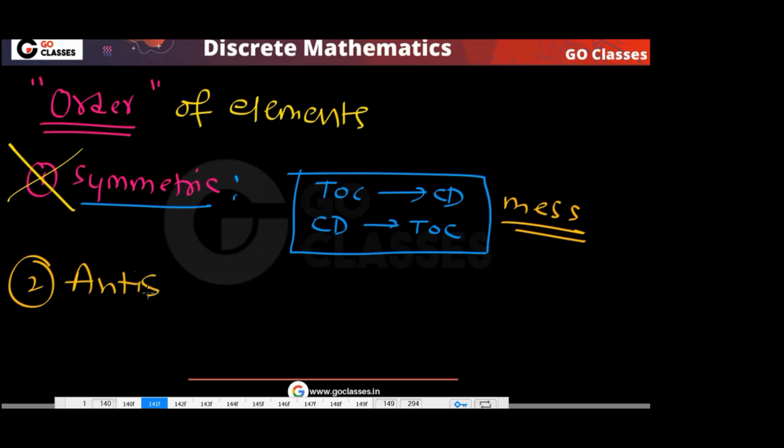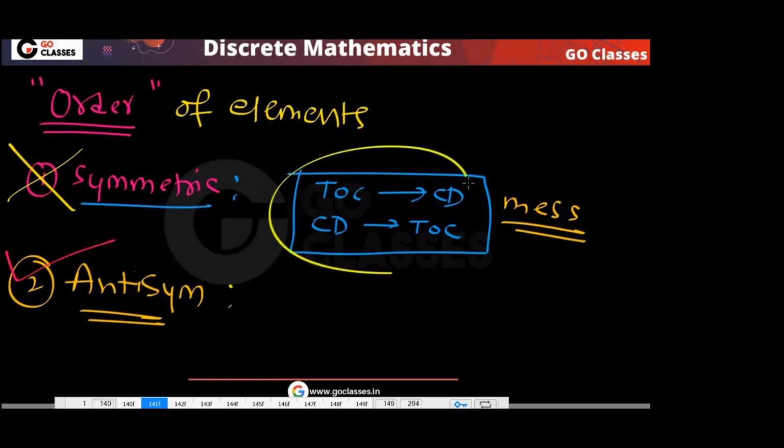Is the anti-symmetric property useful? Definitely, because if you have two different elements, you should never have this type of situation.